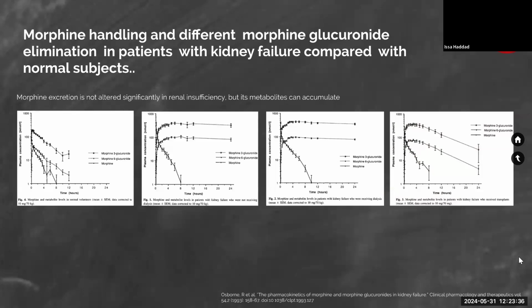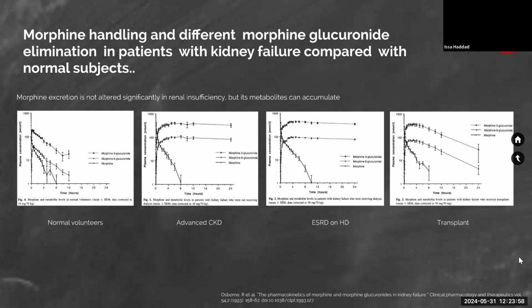This is the same, which talks about how morphine is handled elimination-wise in the kidneys. And this looks at different patients. They looked at normal volunteers, patients with advanced CKD who are not on dialysis, end-stage people who are on hemodialysis, and transplant patients.